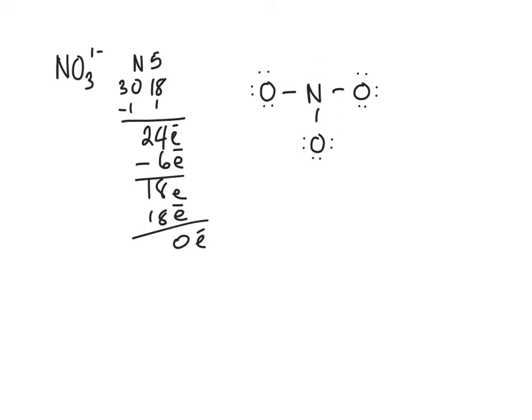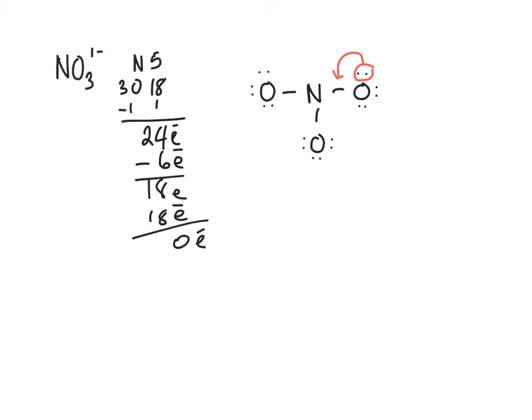So we have to take one of these oxygens and make a lone pair into a double bond. However many electrons you're down, for every 2 electrons you're down, you have to make an extra bond out of a lone pair. And we'll see this a lot on oxygen.